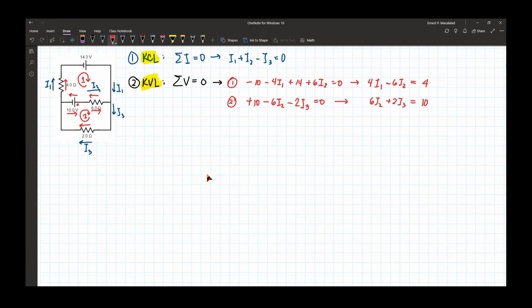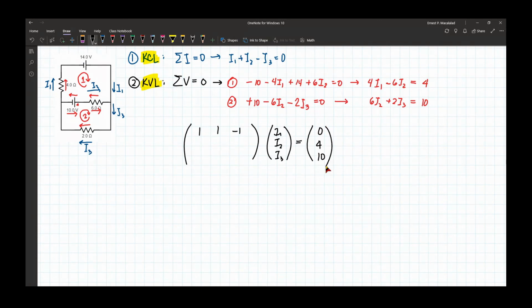Okay, so the matrix equation that we end up with is 1, 1, negative 1, times I1, I2, and I3, equal to 0, 4, and 10.